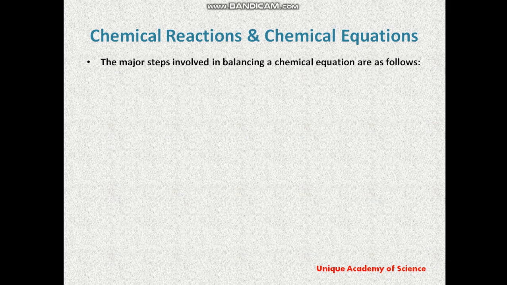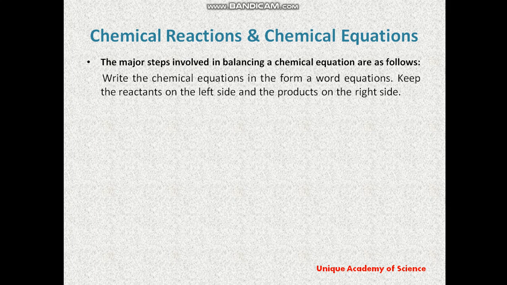Now, what are the steps in the hit and trial method to make a balanced equation? So first, write the chemical equation in the form of a word equation. In any chemical reaction, a sentence form is given, so we convert it into a word equation.